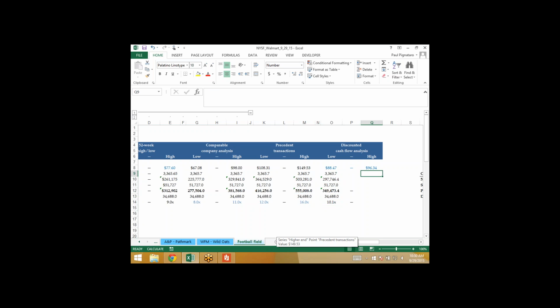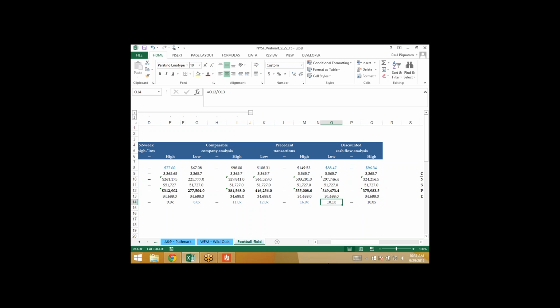Not too far off from the comps. Pretty good. And do the same on the high side, where I'll multiply, add to get to enterprise value, and divide to get 10.8.